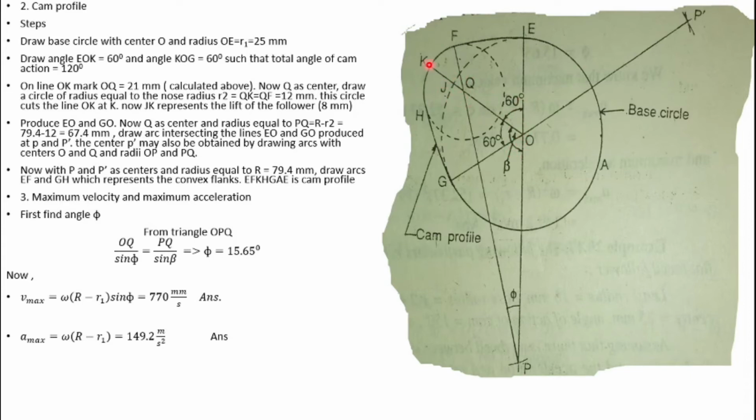This is the angle, and then again 60. For the outer stroke, the total angle is given as 120 degrees.